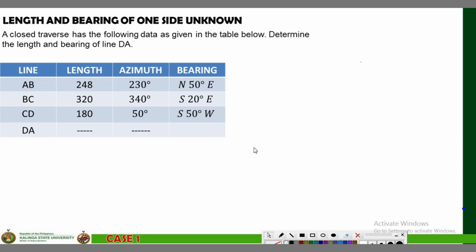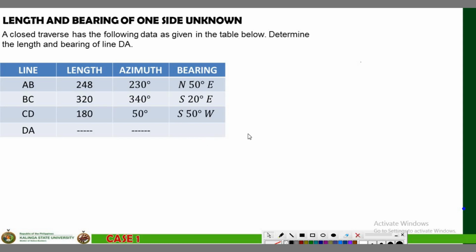Kindly get your calculator, your pen, and your notebook or paper, and double check the values I am presenting. BC and CD have the bearings south 20 degrees east and south 50 degrees west respectively.